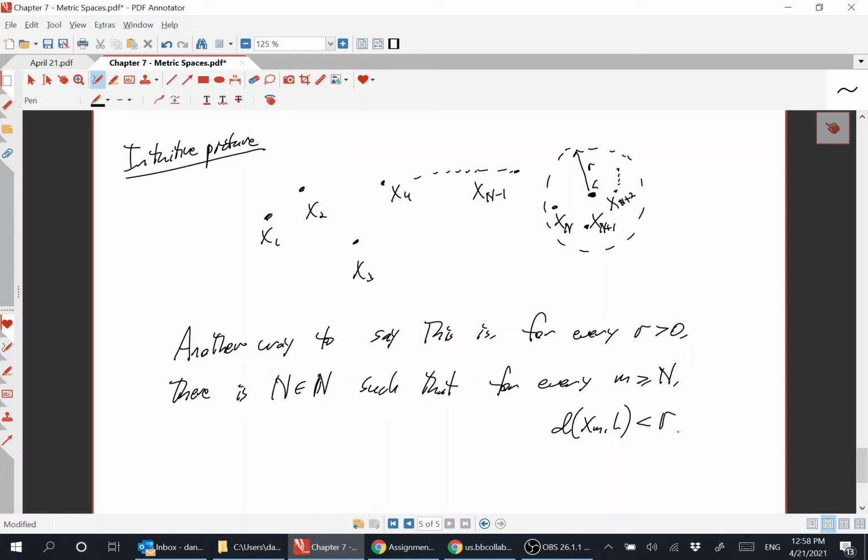At some point the distance just becomes small and stays small, where small is some really tiny number for r, as tiny as you'd like it to be. So we can talk about sequences and limits in a metric space because we have distance. No need for any algebraic structure whatsoever.